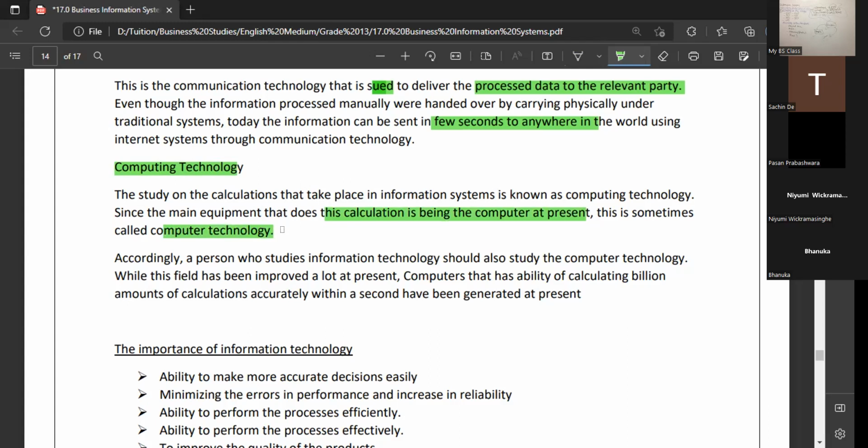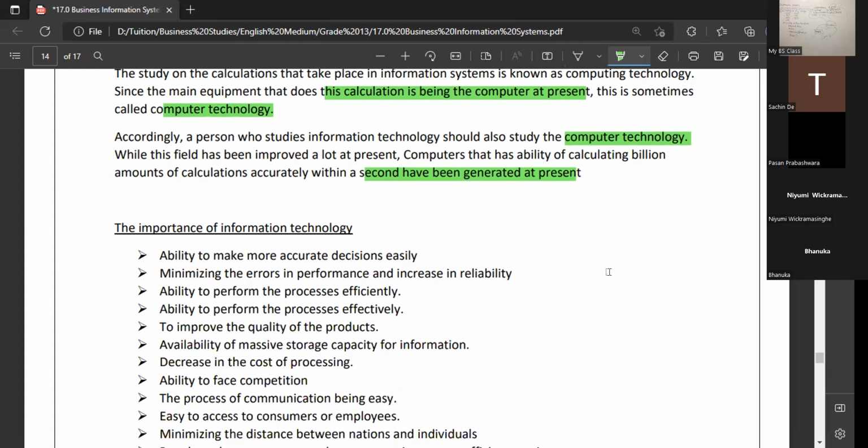Accordingly, a person who studies information technology should also study computer technology as well, while this field has been improved a lot at present. Computers that have the ability to perform billions of calculations accurately within a second have been generated at present. So we have those processing speeds, and everything has had a good improvement as far as we consider today's situation.